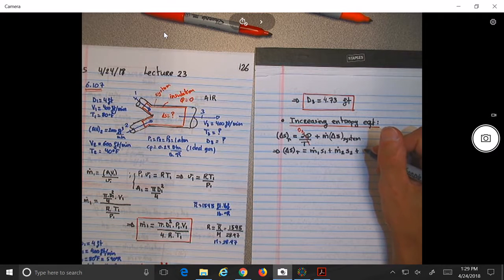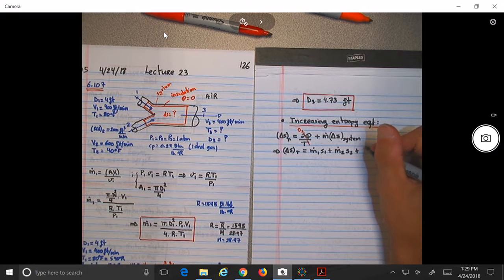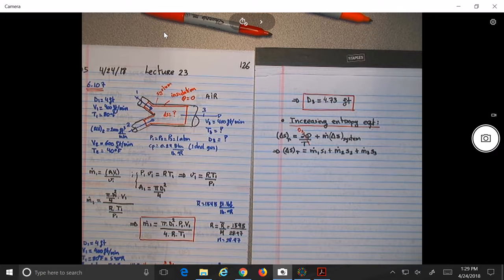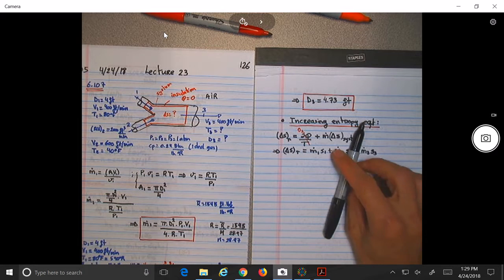Why minus? They all go in the same direction, no? So plus, if it was opposite direction, yes, but M3 S3. So we could leave it under this form or rewrite M3 in the function of M1 plus M2 and see what happens.